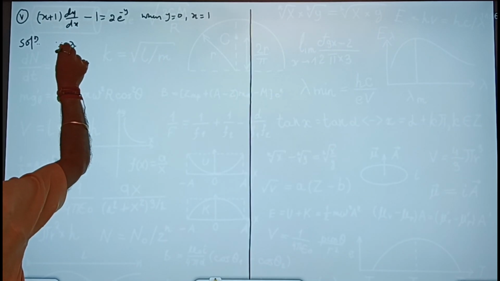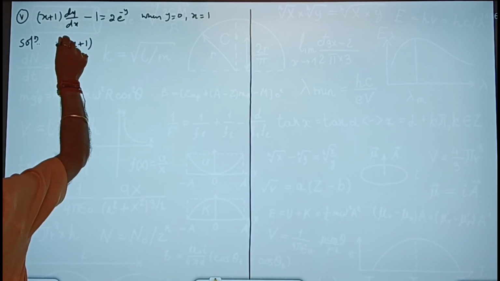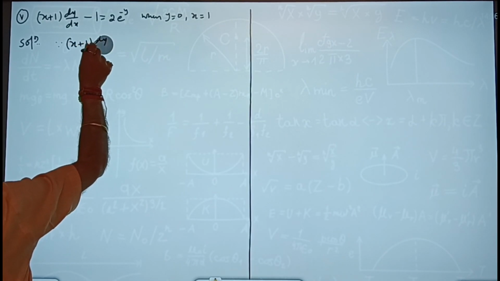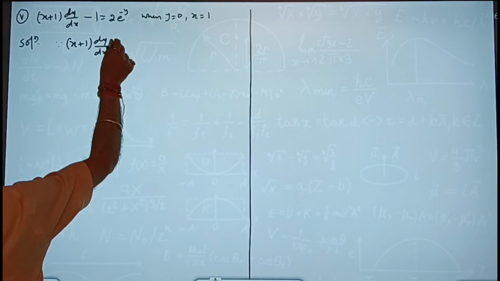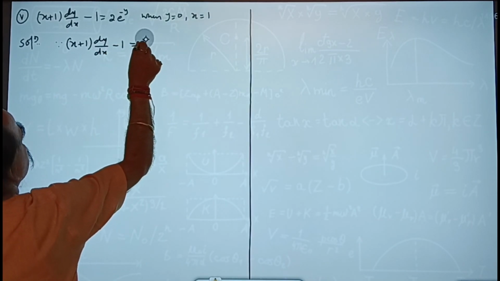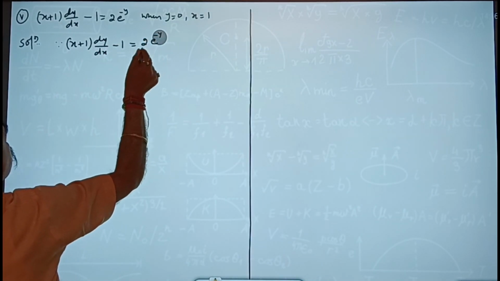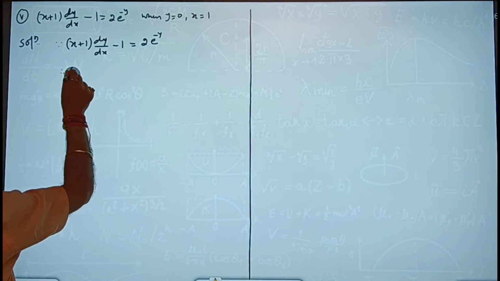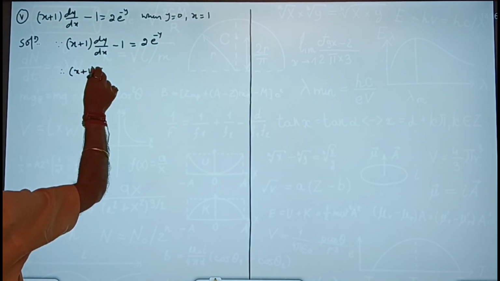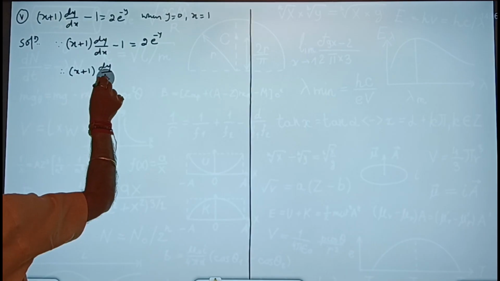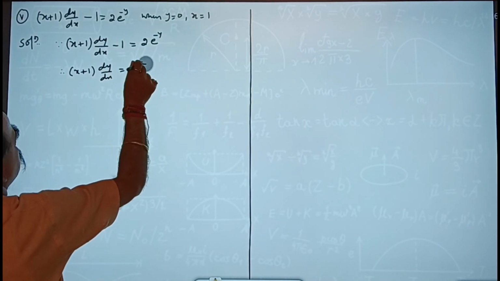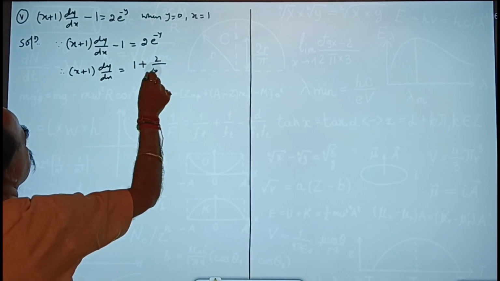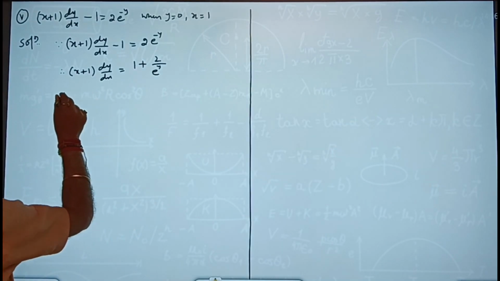Since x plus 1 dy by dx minus 1 is equal to 2 e raised to minus y, so x plus 1 dy by dx is 1 plus 2 upon e raised to y.